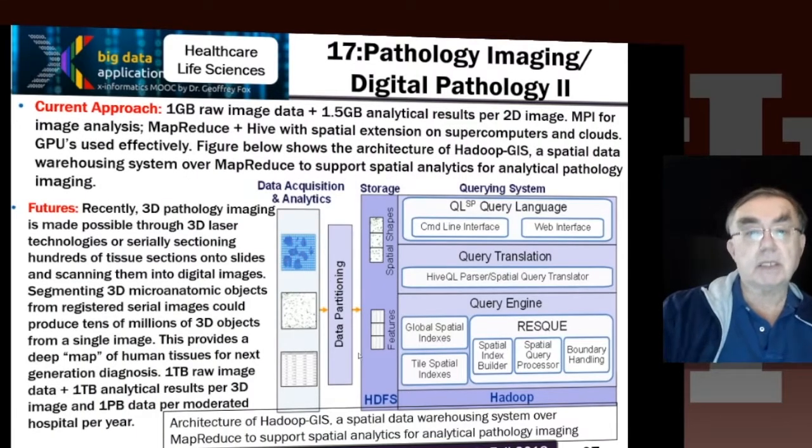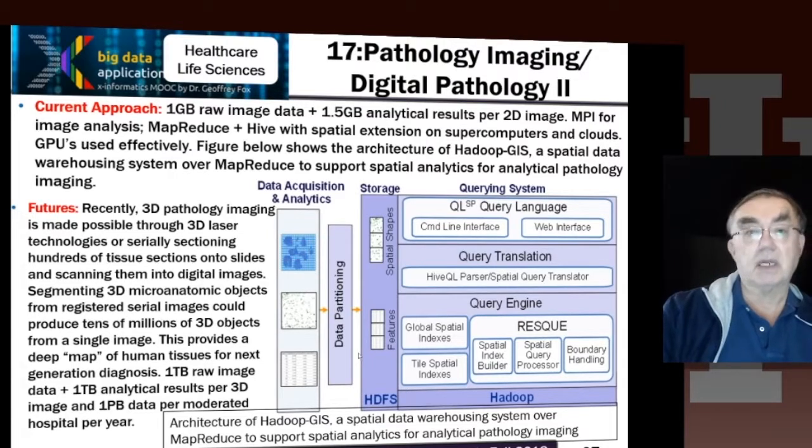The next use case is pathology imaging. Pathology is an important area, and it's another one of these areas which has a huge amount of images. Remember, in the original, I pointed out that this year there's around 70 petabytes of medical images, not including cardiology, taken each year.